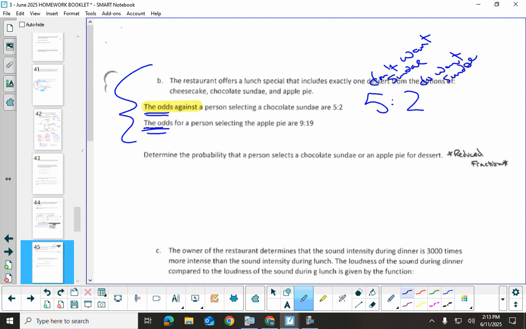The odds for, so for and in favor are the same thing. The odds for a person selecting apple pie are 9 to 19. So they do want pie. They don't want pie.